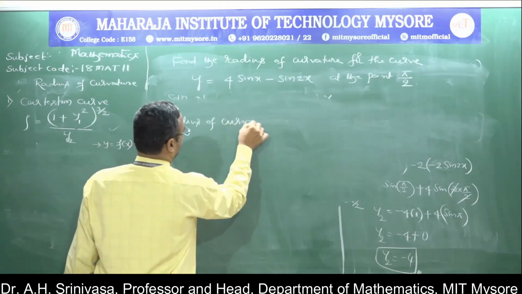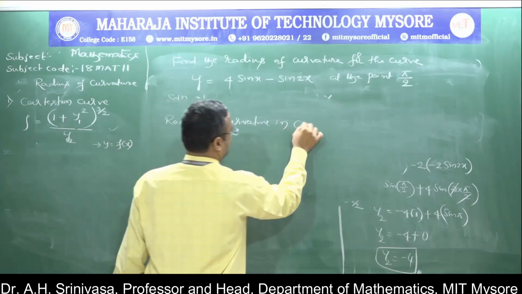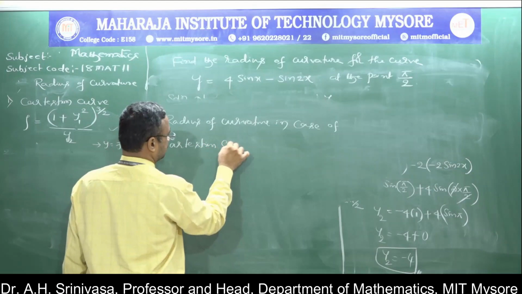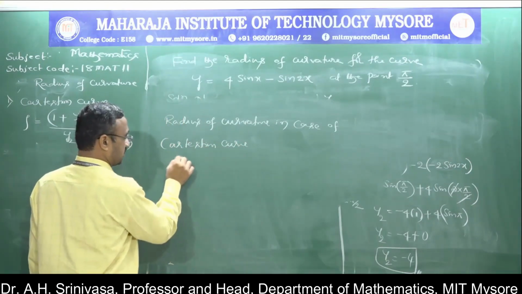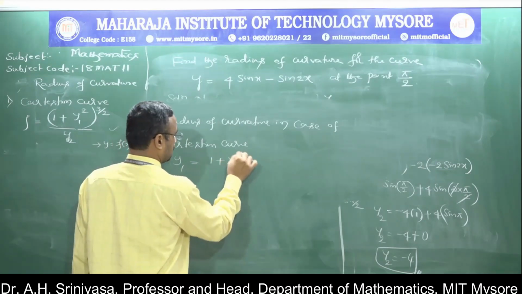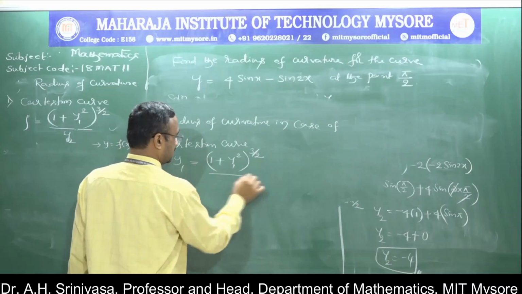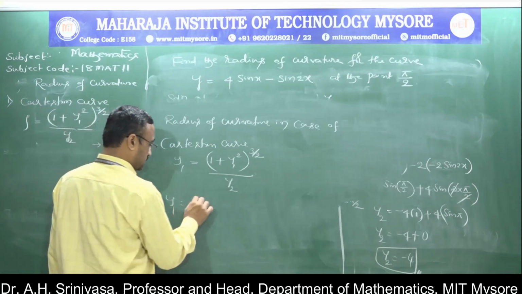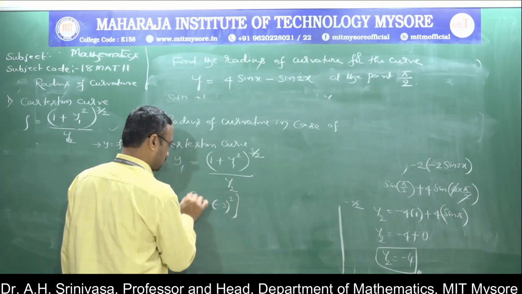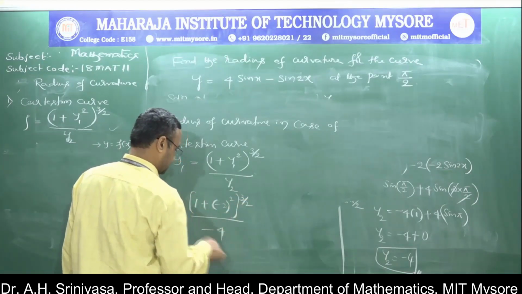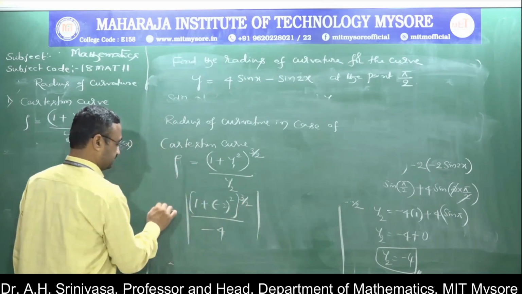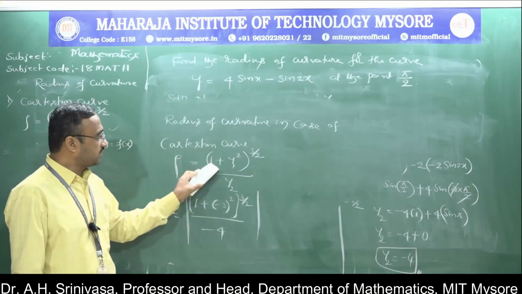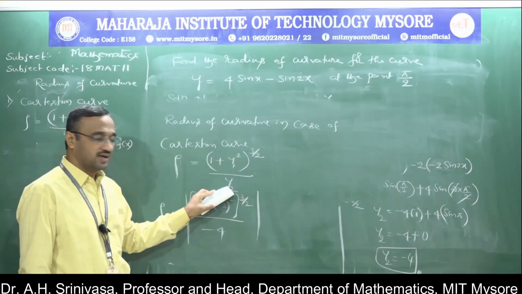The radius of curvature in case of a Cartesian curve: use this formula, rho equal to (1 plus y1 square, whole power 3 by 2) divided by y2.